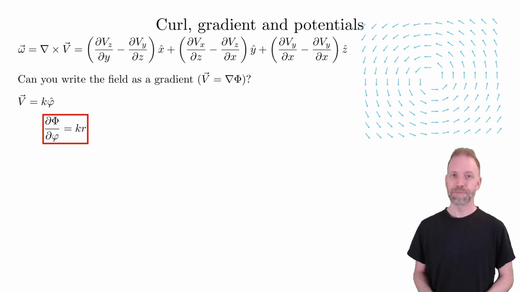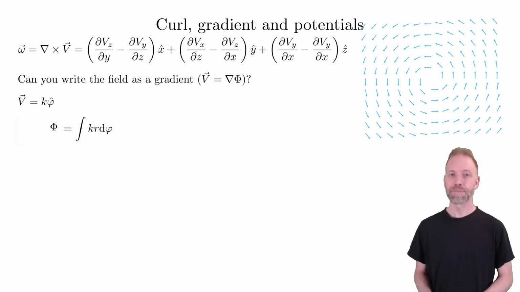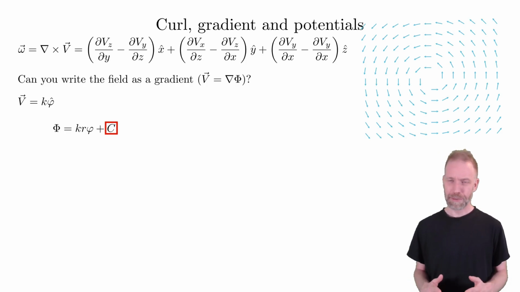Integrate both sides. Left hand side is just phi. Right hand side is the integral of a constant. For this illustration, we can drop the integration constant as we only care about the gradient of phi.